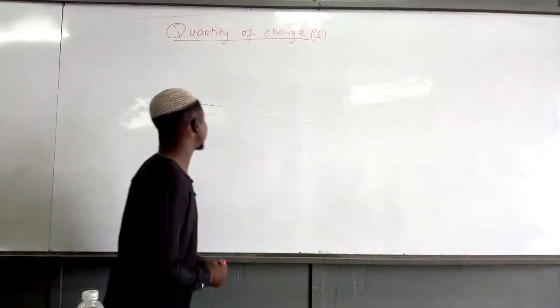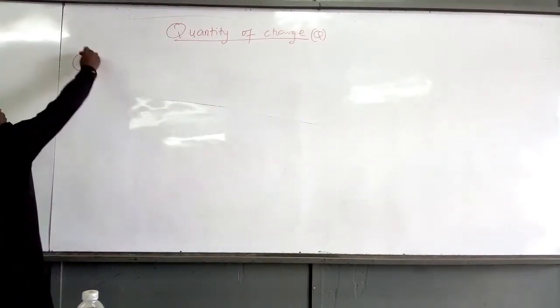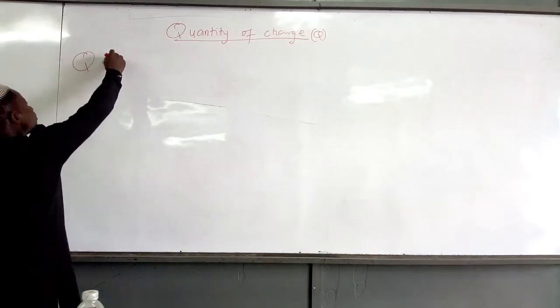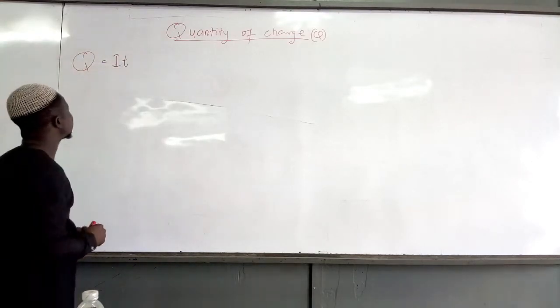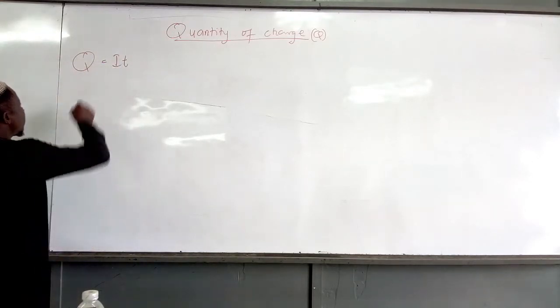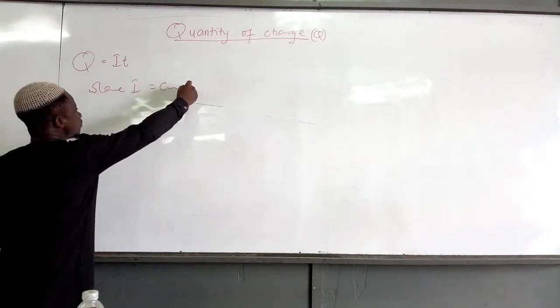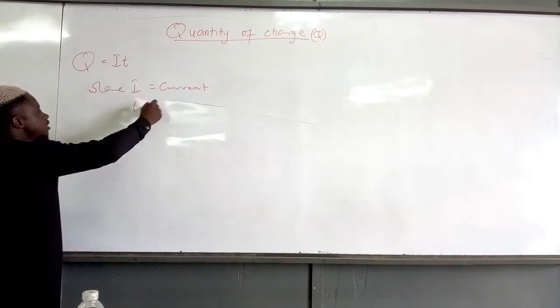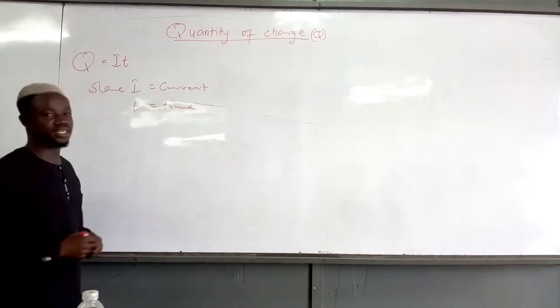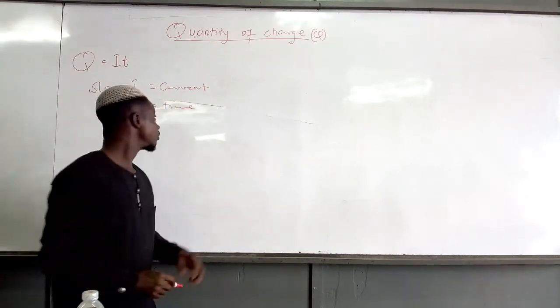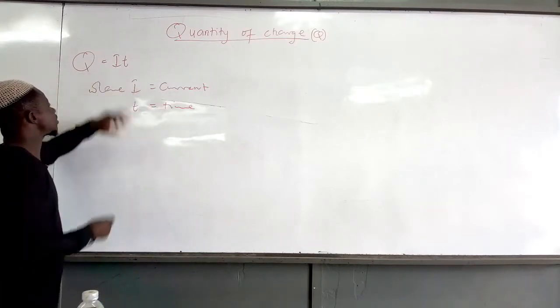So mathematically, we say that the quantity of charge, Q, is equal to IT, where I is the current and T is the time taken for the current to flow.